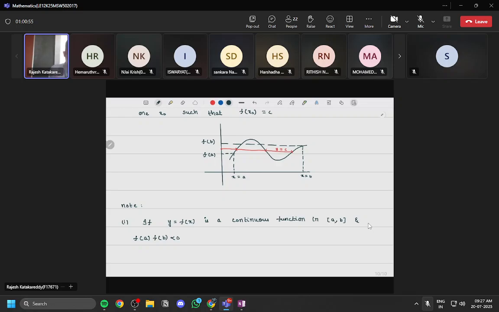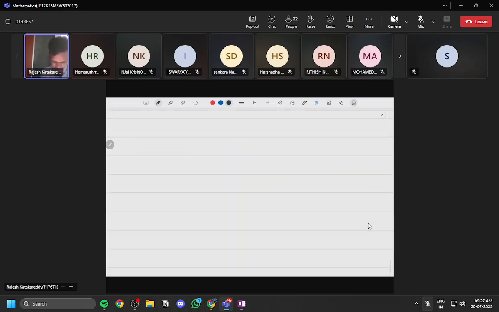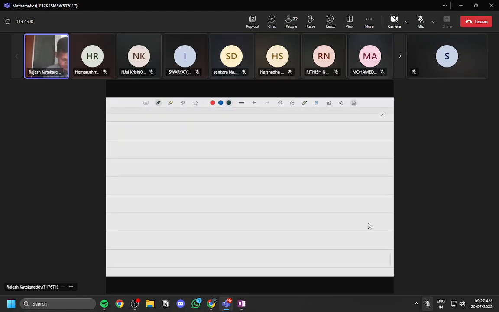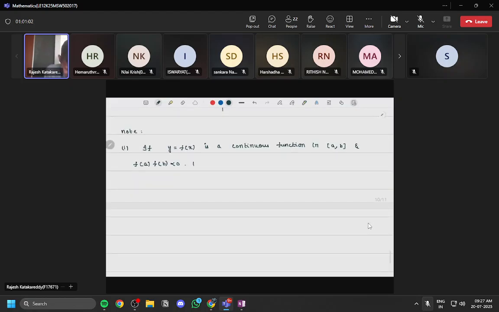F of a into f of b is less than 0 means both are having opposite signs. Then f of x is equals to 0 has at least one root in a comma b.